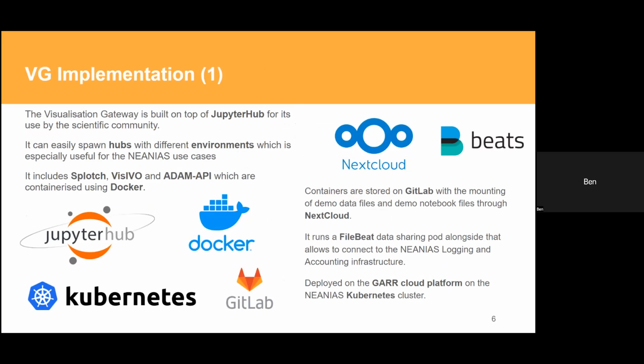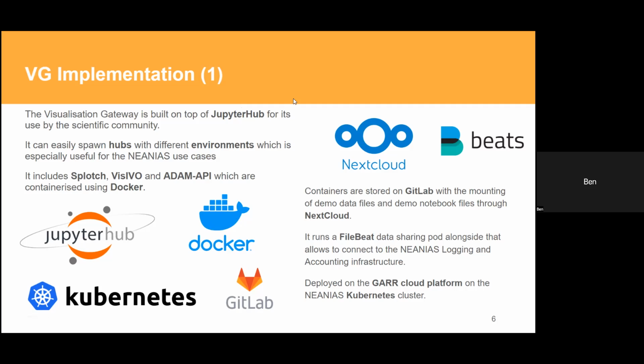In our case, it executes the visual discovery frameworks, so Splotch, Visivo, and AtomSpace. These are all implemented in Docker containers, which are pulled from GitLab at spawn. The Docker containers are stored as Dockerfiles on GitLab, and are spawned by JupyterHub, which is managed by Kubernetes.